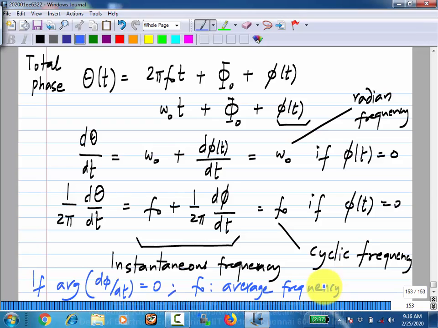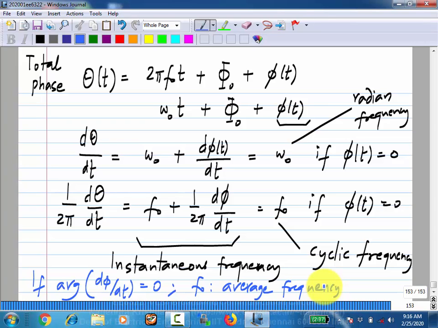So what is the average frequency? What is frequency after all? It is the number of cycles per second. So now let's say you have 1 billion cycles per second. You can only say that its average frequency is 1 gigahertz, because those cycles may not be of equal length, right? If the cycles are of equal length, then of course it is perfectly periodic with a frequency of 1 gigahertz.